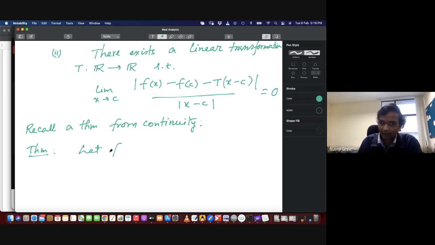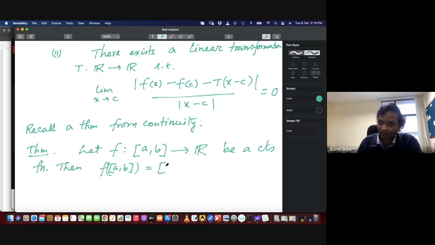Let f from [a,b] to R be a continuous function, then f([a,b]), the image, is again an interval. Right? Is this true? Yes, sir.